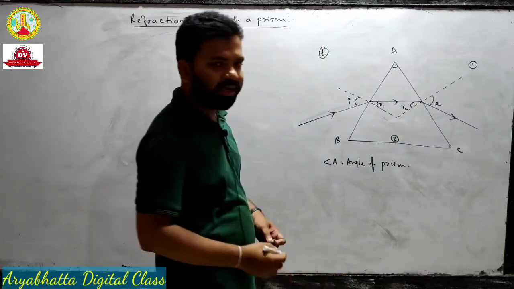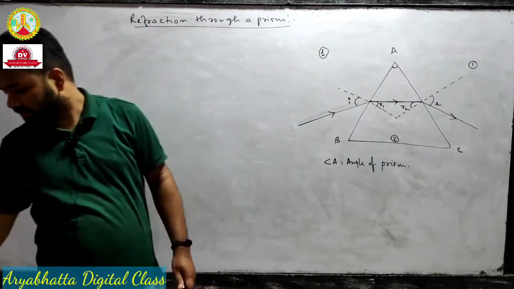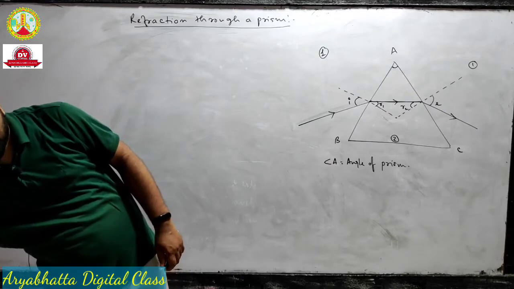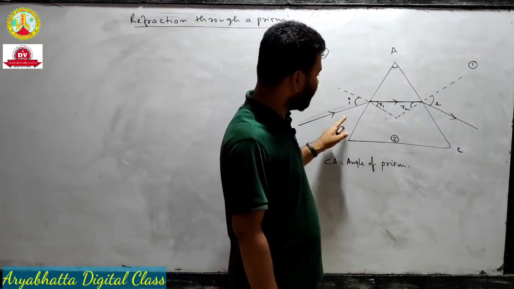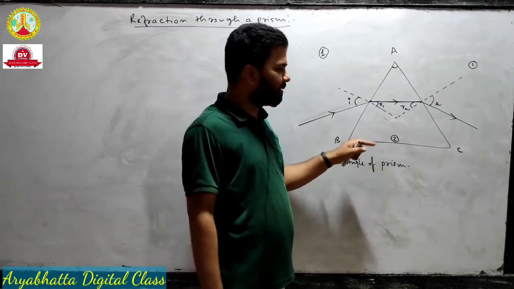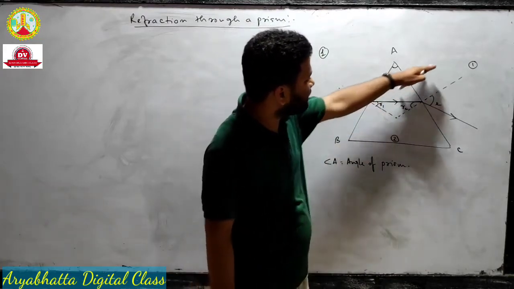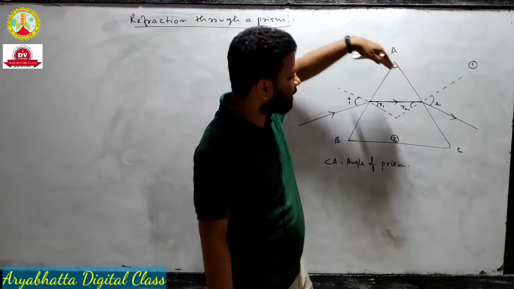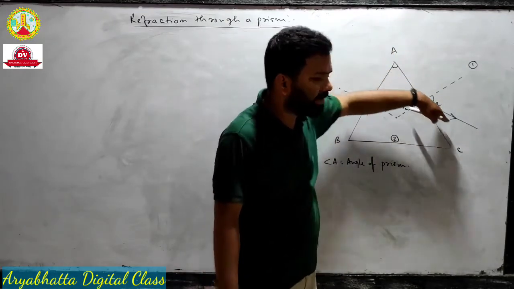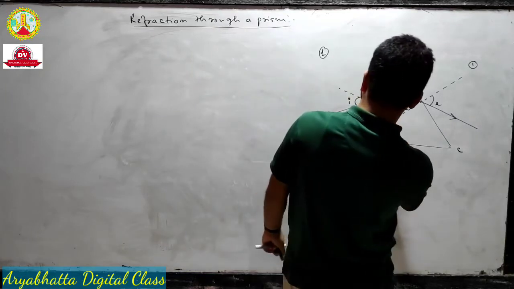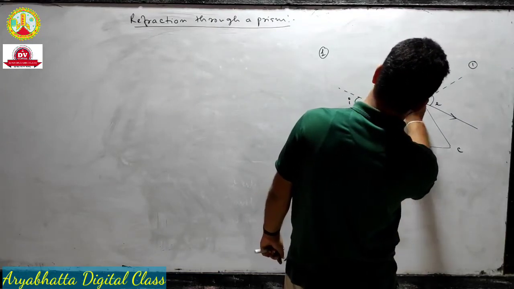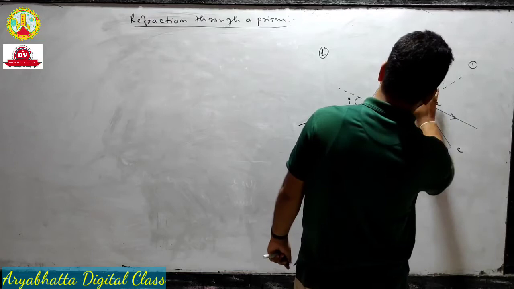Now you tell me, suppose there was no prism here. In the absence of the prism, the light ray would have traveled in this direction, but due to the prism, the light ray is now traveling in this direction. The green color indicates the path the light ray would have traveled.